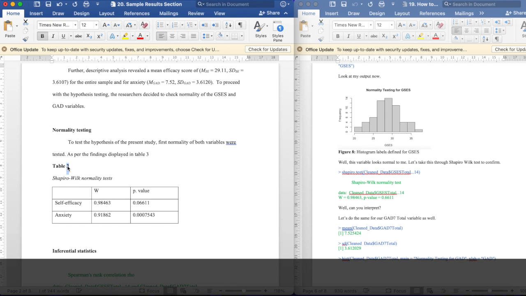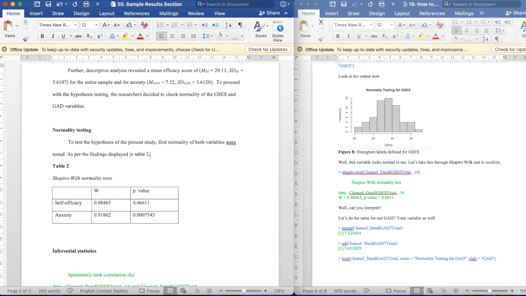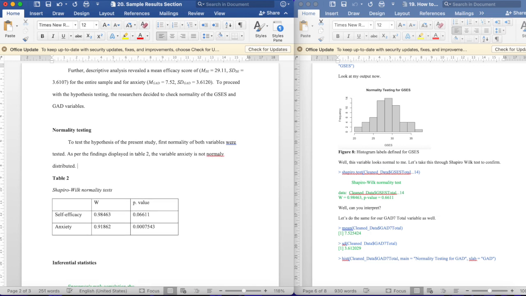As per the findings of table 2, the variable anxiety is not normally distributed, or you could say it violates the principle of normal distribution or violates normality. So any of those is fine. Okay, so then that is something like this.